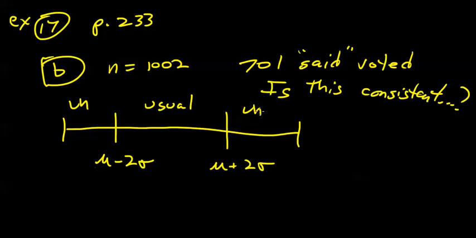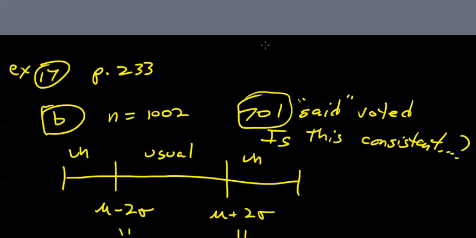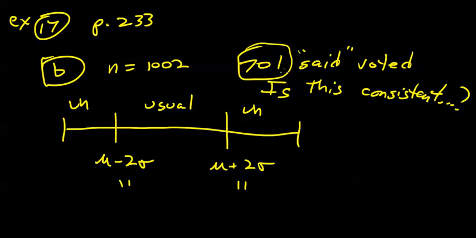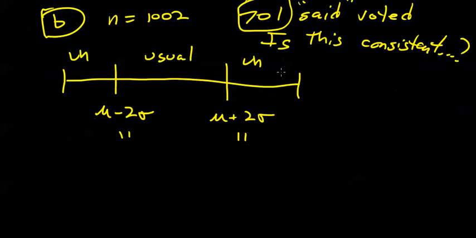So what I'm going to do is grind out the boundaries for usual behavior of our data, and if 701 falls outside of that range, I'll claim then, no, this is not consistent. All right, well, what is our mu value? You'll recall it's 611.2 was our mean, and our standard deviation was 15.4.